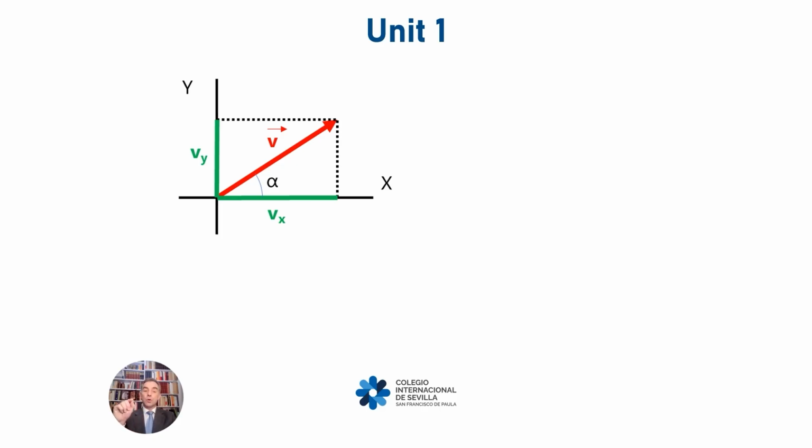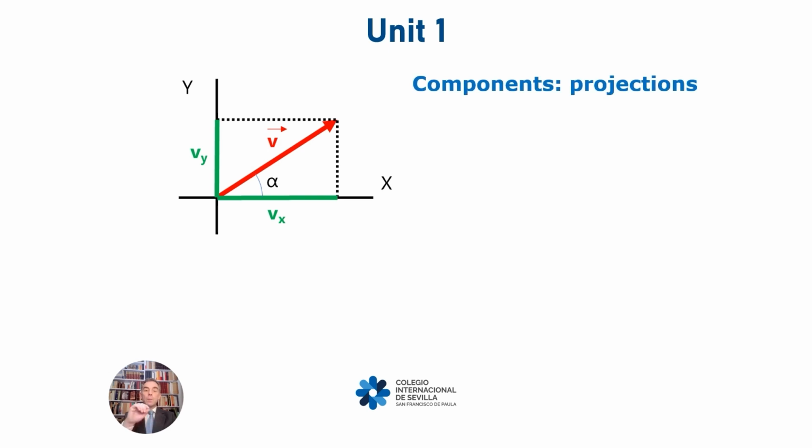We now draw a horizontal line from the end of the arrow until the axis Y, and the green segment we have from the origin of the arrow until the projection of the end is the projection of the length of the arrow upon the y-axis, and we call that Vy, or component y of the velocity, Vy.